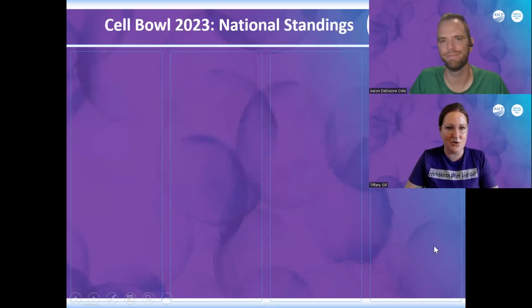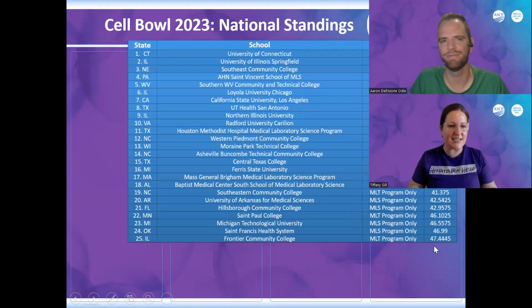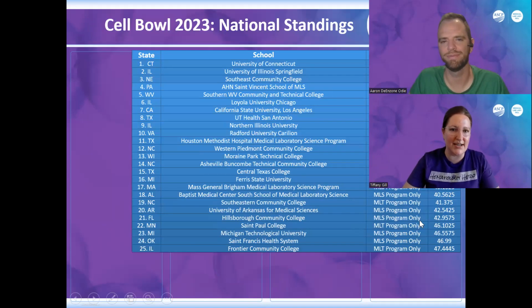Okay, so these are the national standings right now. This is everybody together. We've got the top 3 still going to be worked out in the upcoming 2 weeks. We have 2 more weeks of the event: the semifinals, and then the Supercell Bowl and the Second Chance Showdown.